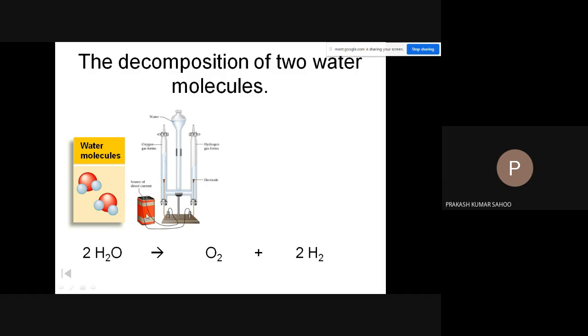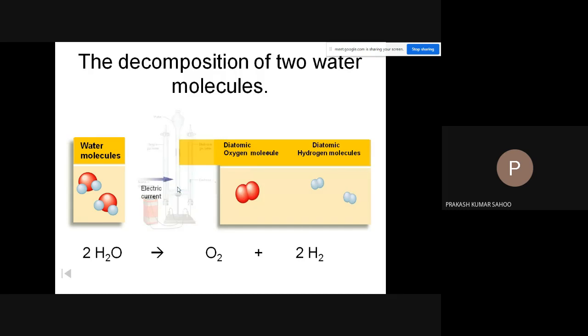That is, one battery is connected, and this process is maintained at high pressure. Some acids are added to this water, because in the presence of acid only the water gets separated or dissociated into oxygen and hydrogen.